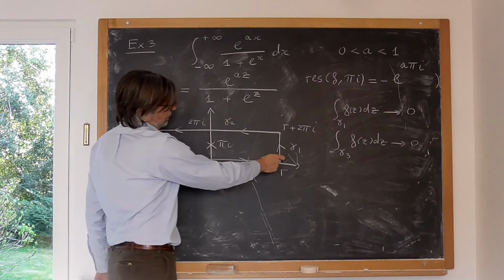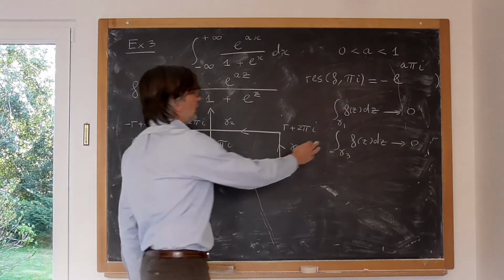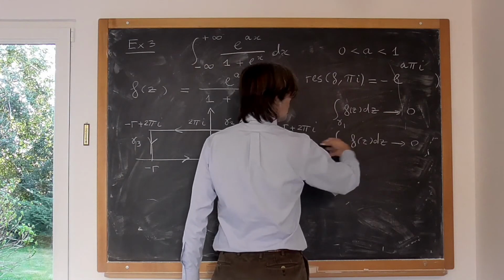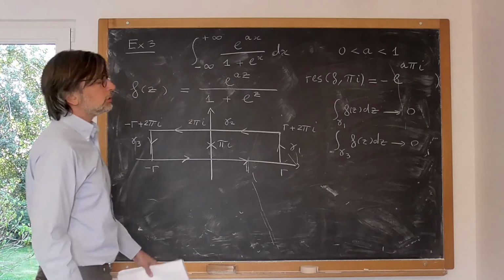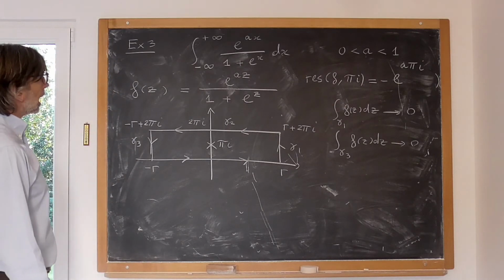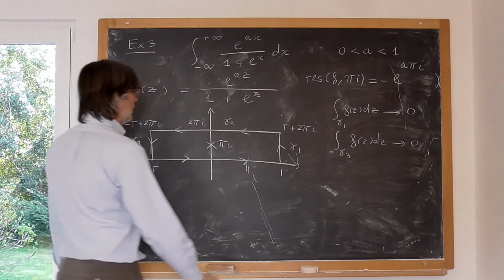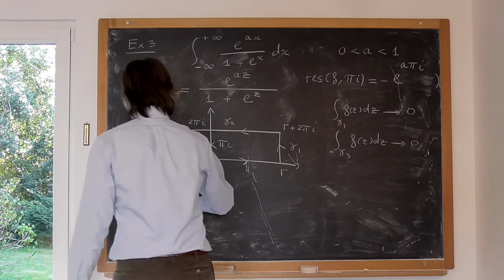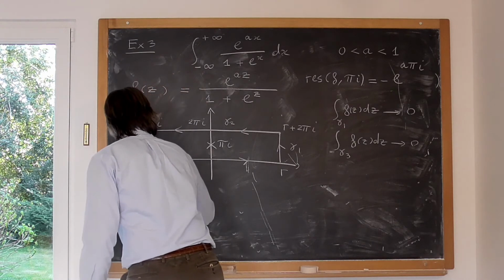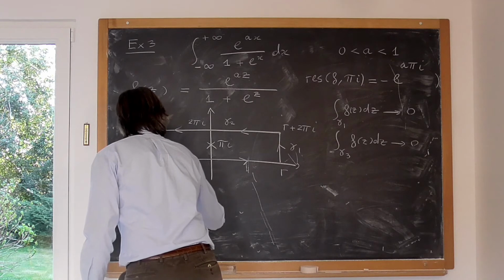So they have length 2pi, but the function f on them, you can show that it's going to 0 uniformly. Okay, we have this. And then it remains to understand what is the integral over gamma 3 of f(z) dz.